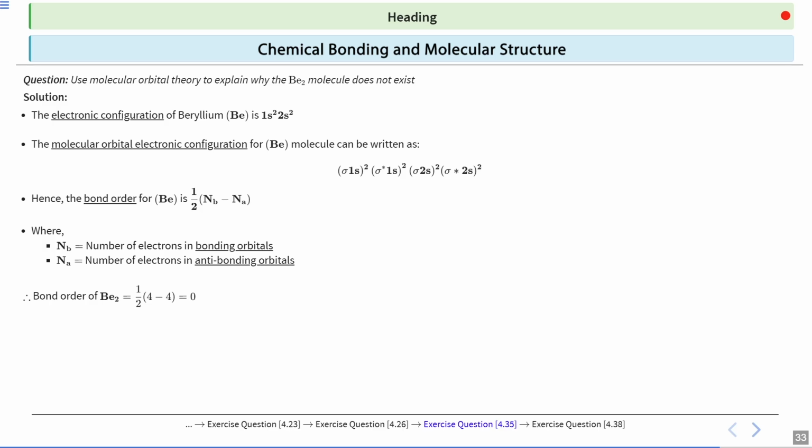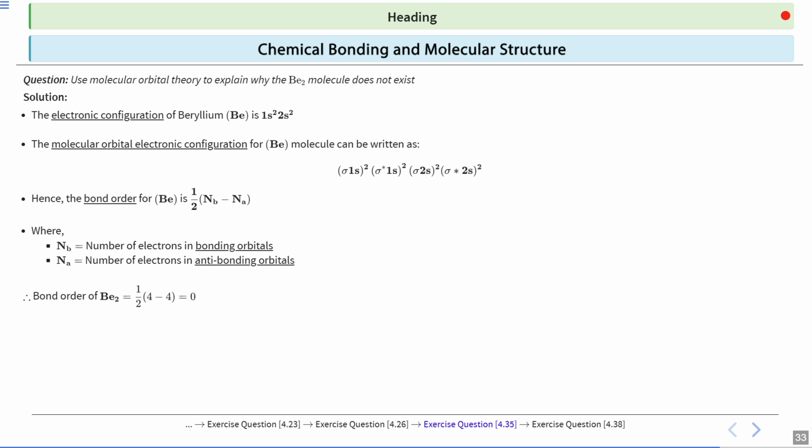For that, you only have to remember the bond order for nitrogen. Okay, it's very simple. What is the bond order of nitrogen? Think about it.